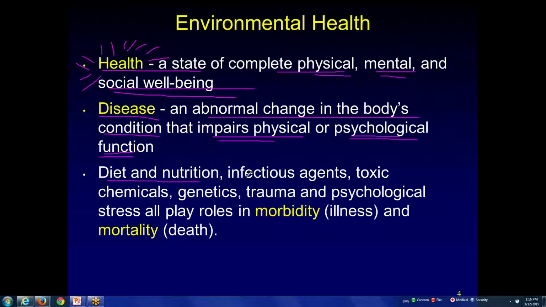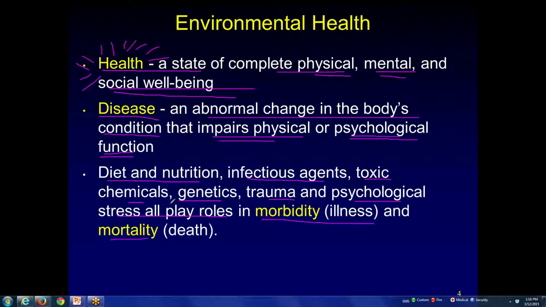Diet, nutrition, infectious agents, toxic chemicals, even your genetics, trauma, and psychological stress all play roles in morbidity, which is your illness, and mortality, which is your death. And so we have morbidity leads to mortality.